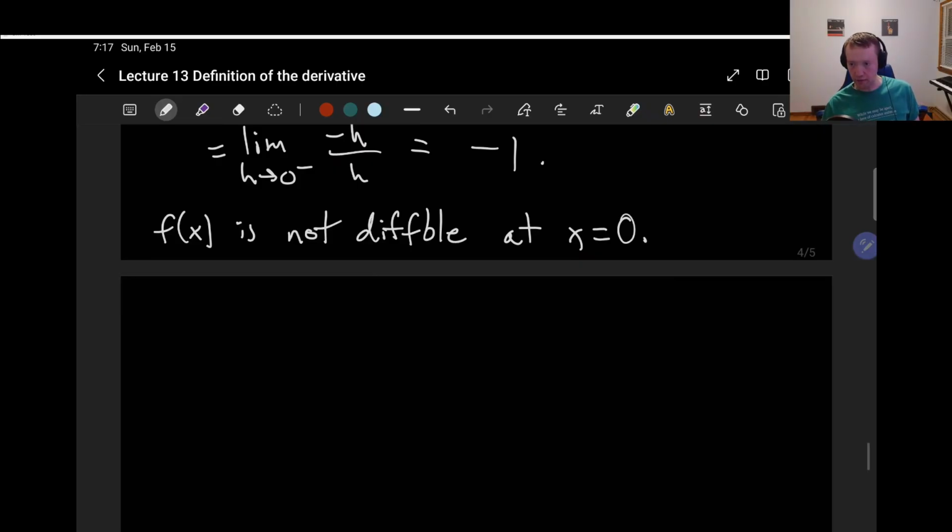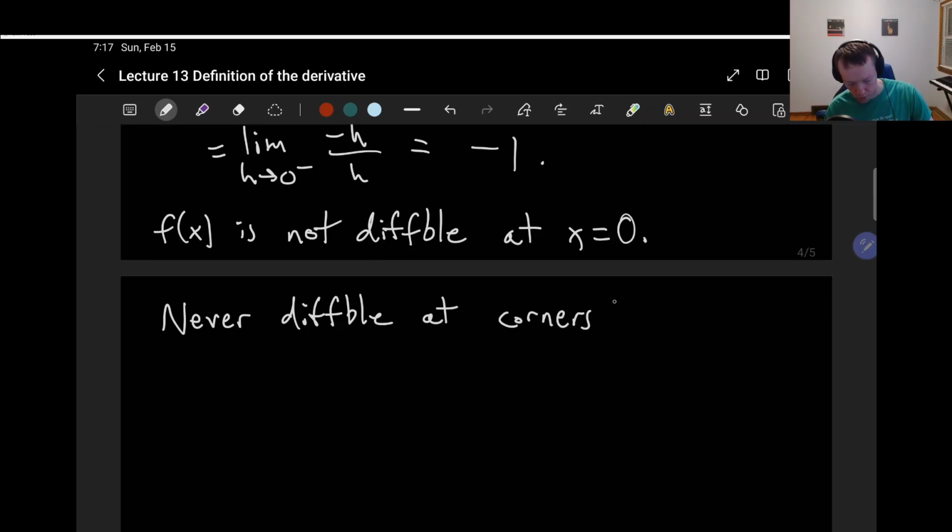So the way that you can tell on a graph, at least one of the main ways, is that we're never differentiable at corners or cusps. So corner, that's like what we had in the previous problem. We have this sharp change, which means the derivatives on each side are different. So there's no full derivative at this point. So sharp corners and cusps are pretty similar.